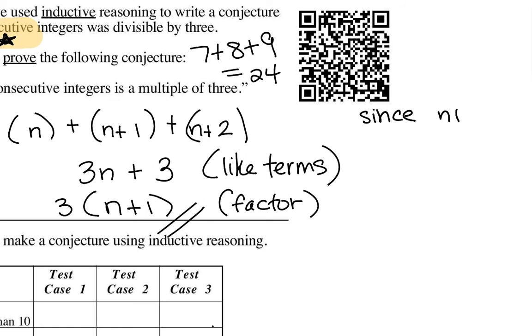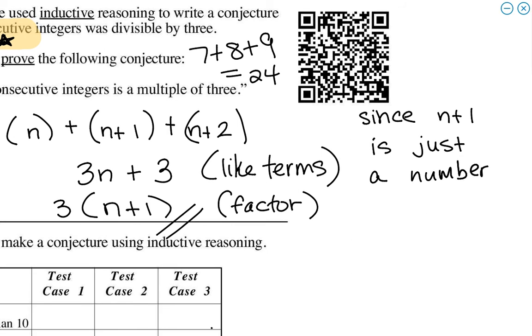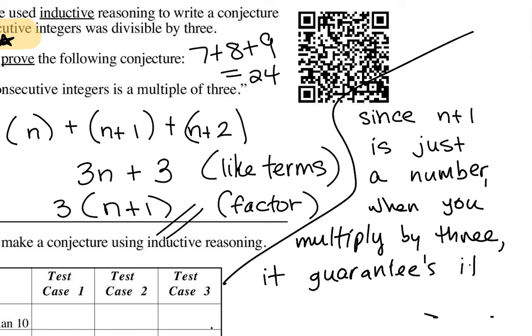Since n plus 1 is just a number, when you multiply by 3, it guarantees it will be divisible by 3.